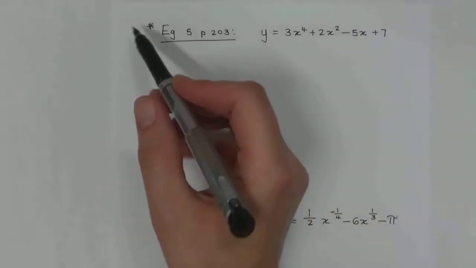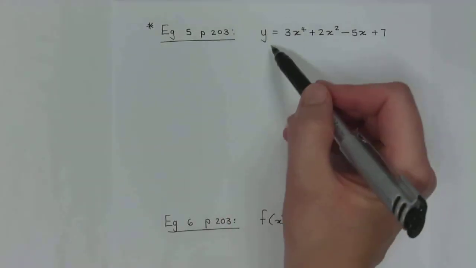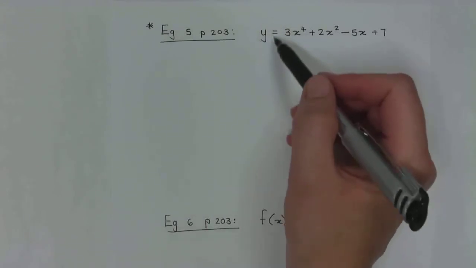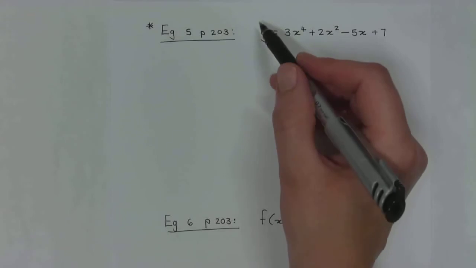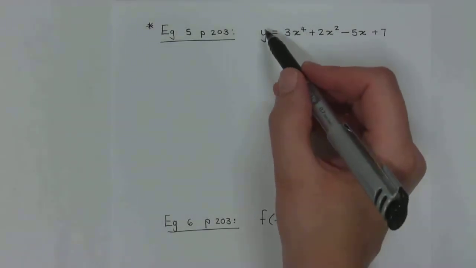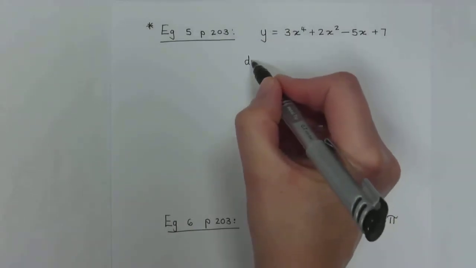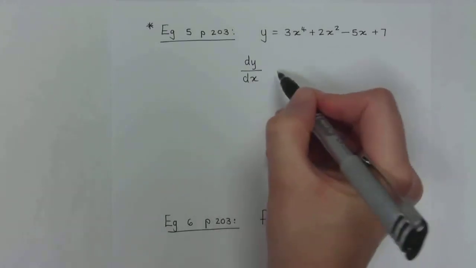Now this one, you'll see if you look in the textbook, example 5 on page 203. I've changed it to say y is equal to, just so I can practice some of the other notations instead of just practicing that notation of d over dx of the function. So I've set this one equal to y, and because it's equal to y, I can now go and I can say the derivative of the function y in terms of x.